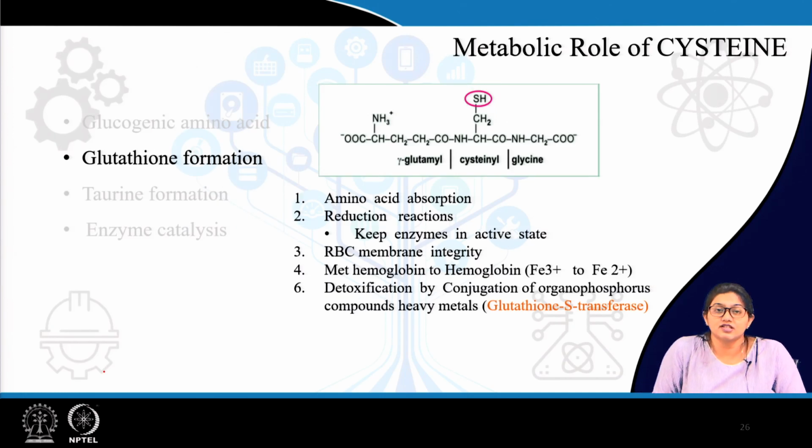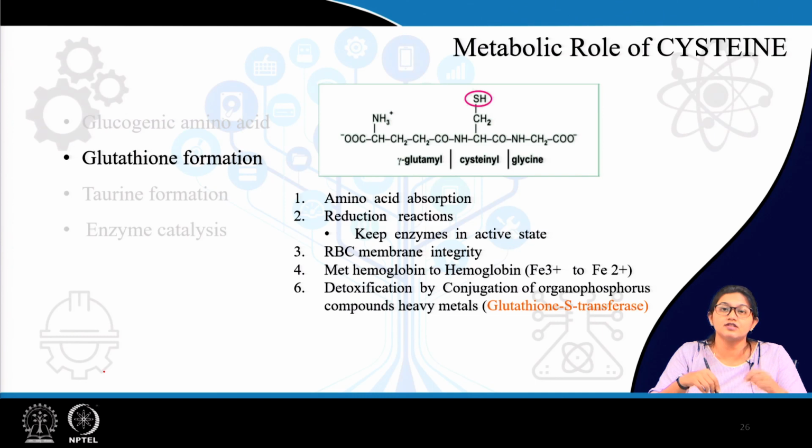Then moving to the next very important function, cysteine is required for formation of glutathione. We have already discussed that glutathione is a molecule which contains 3 amino acids.